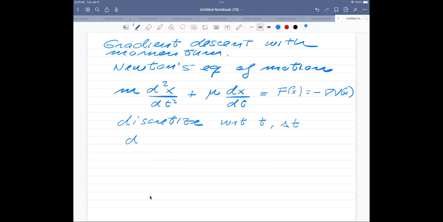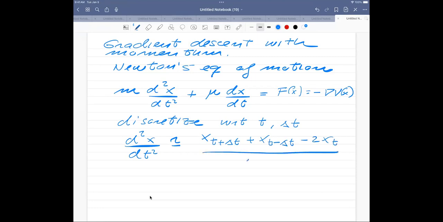And that means that for the second derivative, I would approximate it with the value at x of t plus delta t plus x of t minus delta t minus 2 times x of t, divided by delta t squared. That's the standard approximation for the second derivative, which actually you shouldn't use.